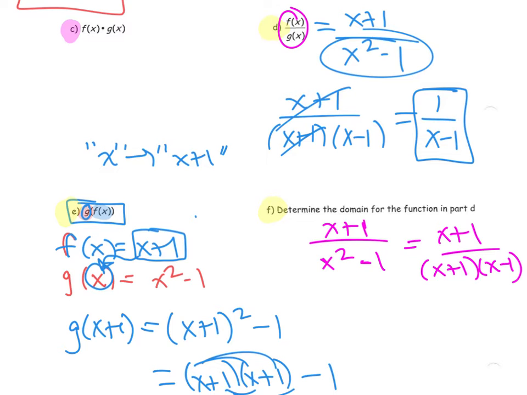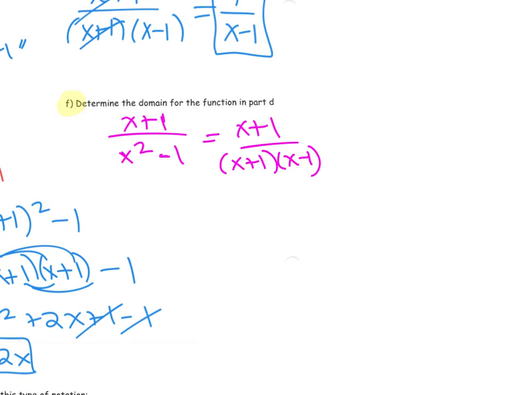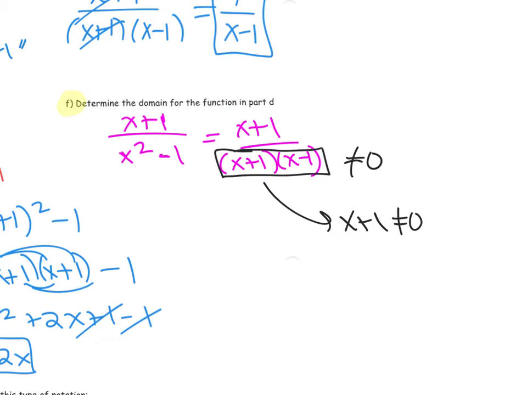So now before we cancel everything, it says find the domain. Well, for domain, you want to figure out where x cannot equal a number. So in this denominator, what do you know x can never be? Well, I know the denominator can never equal 0. So let's set each of these factors equal to 0 and see what x cannot be.